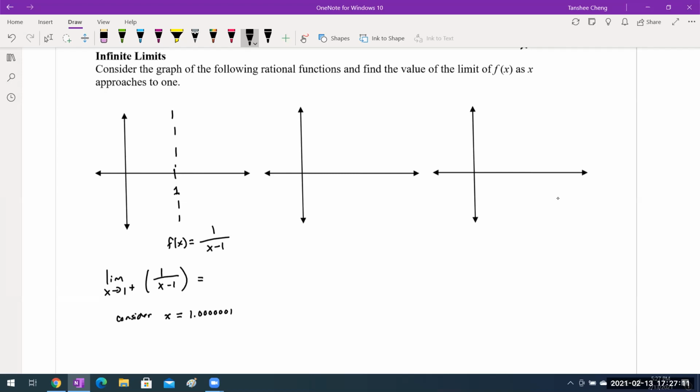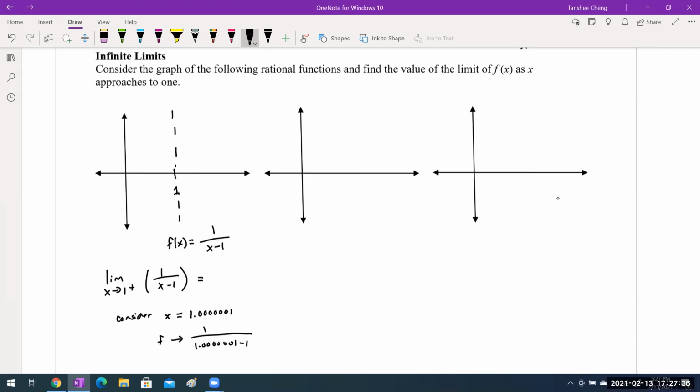If I consider this as 1.0001, then my function value will become 1 over 1.0001 minus 1.